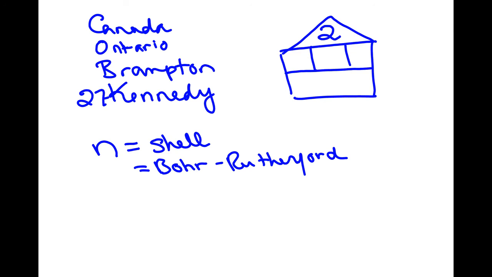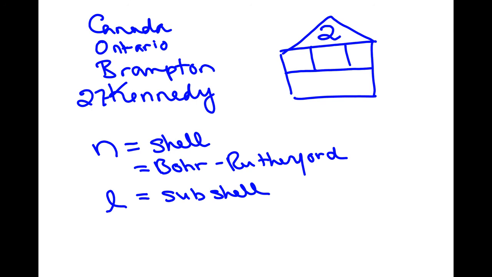Now the next number that was added, again getting more specific, is L. It's also called the azimuthal quantum number, and this tells you what subshell the electron is in. You can think of it as the floor that the electron is on.